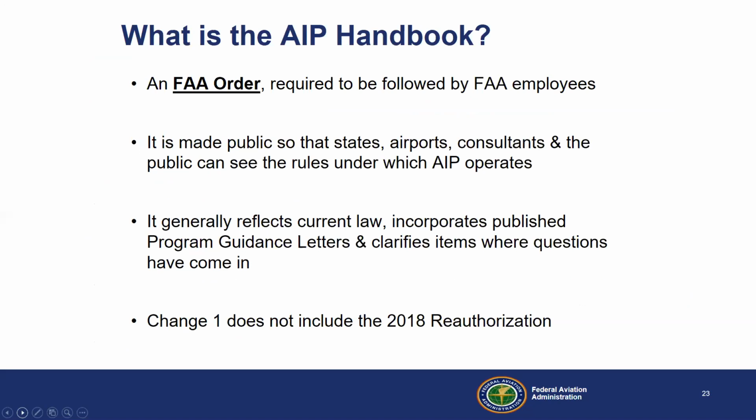It is required to be followed by FAA employees, myself, and all of our program managers. We must follow the AIP handbook. One thing that I think is a little misunderstood is that it is permissive. So if it says you can, you can. If it doesn't say anything, it means you cannot.